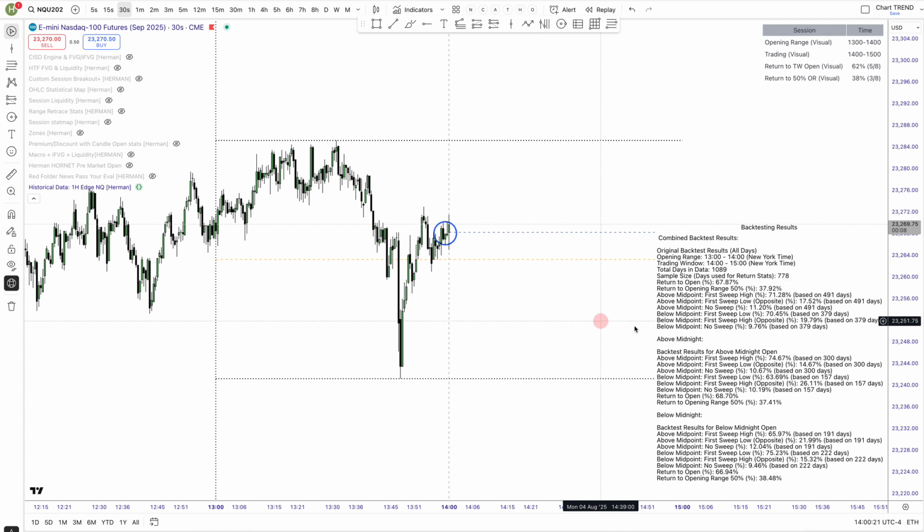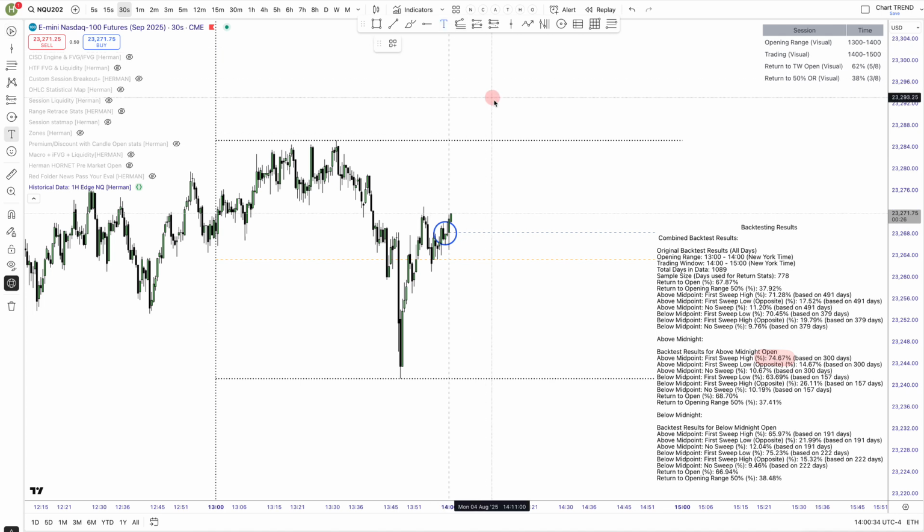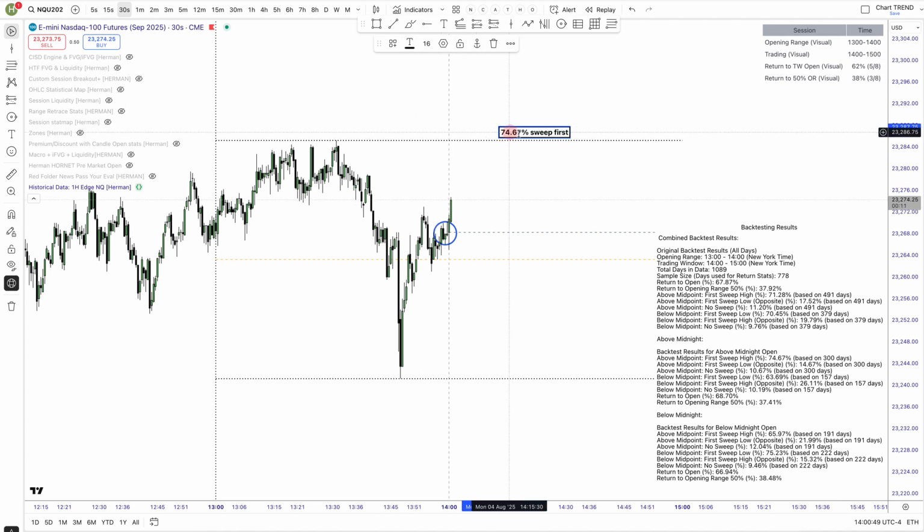If we are above the midnight and we are above the midline in the top 50%, it means that we have 74.67% to sweep that high first, rather than the opposite side, which is 14.67%.